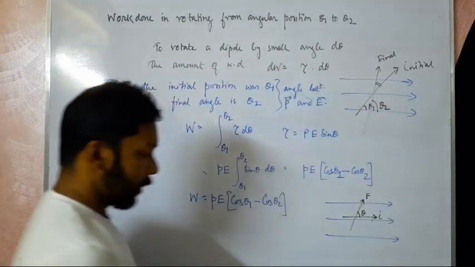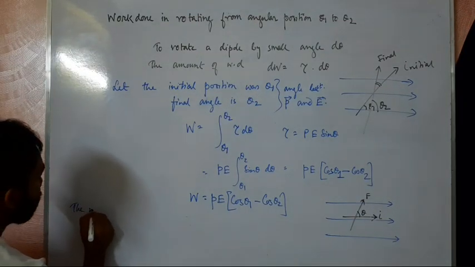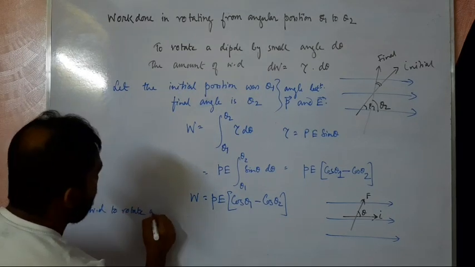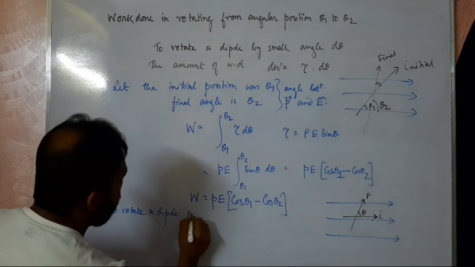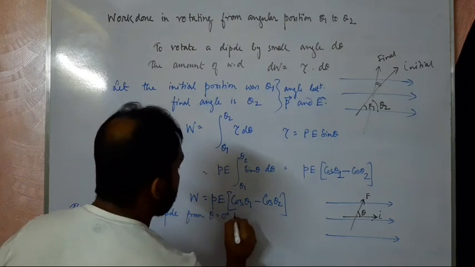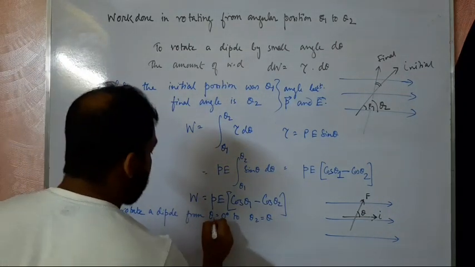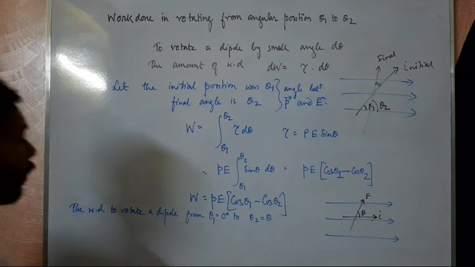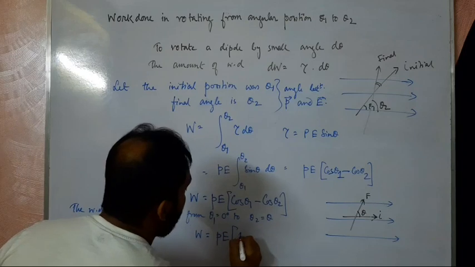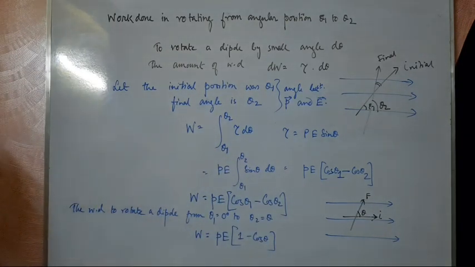If this is the final position, then what will be the amount of work done? The work done to rotate a dipole from θ1 equals 0 to θ2 equals θ will be PE (1 minus cos θ), as cos 0 degree is 1.